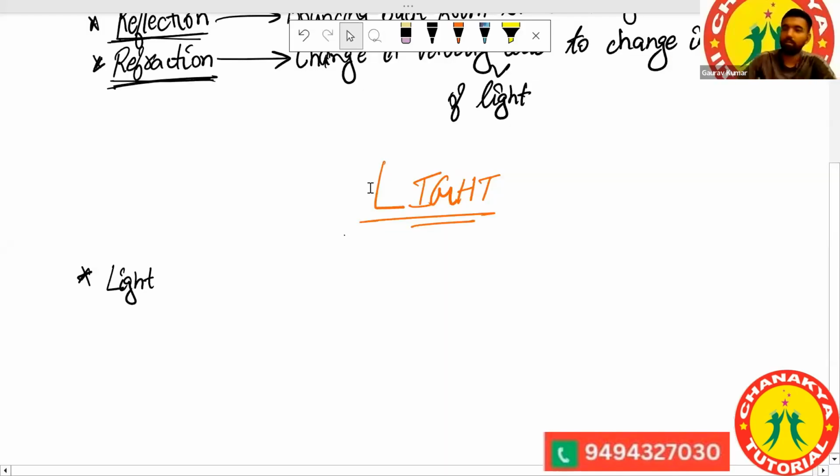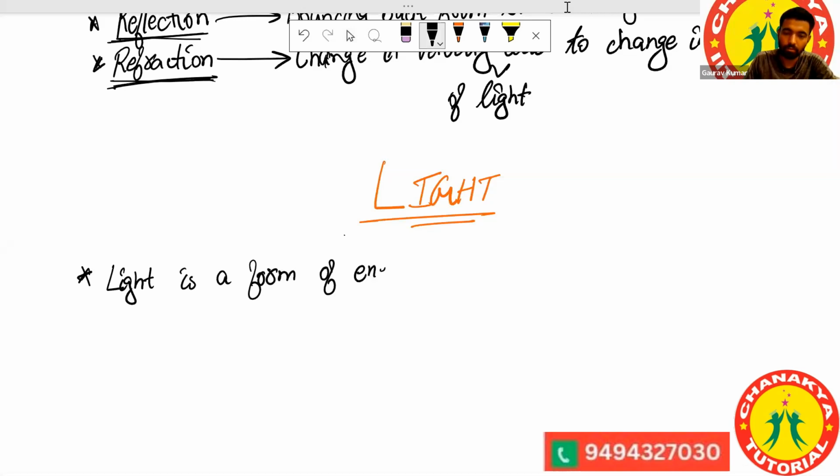So light is a form of energy, which is sensed by our eyes, right?